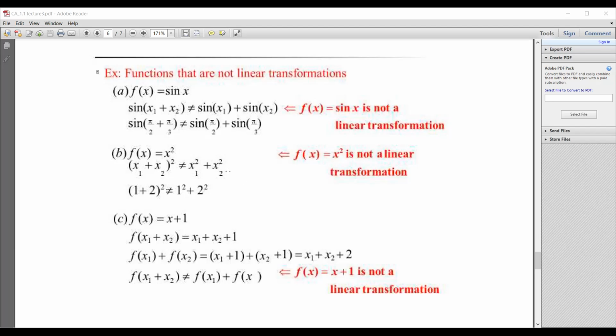So again, f of x is not linear in this case. Another thing I would like to say, the term linear comes from the fact of the power of x. Here the power of x is 2, so it's not linear. So the terminology linear is justified over here.